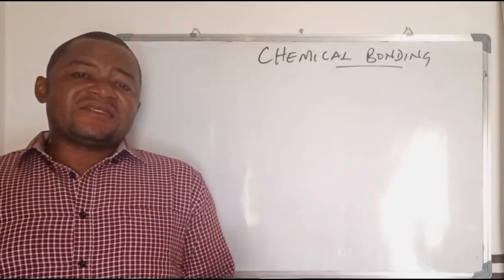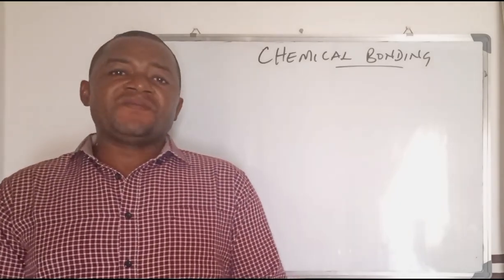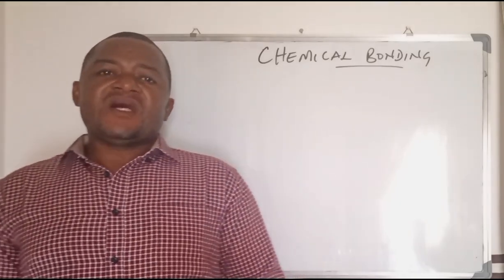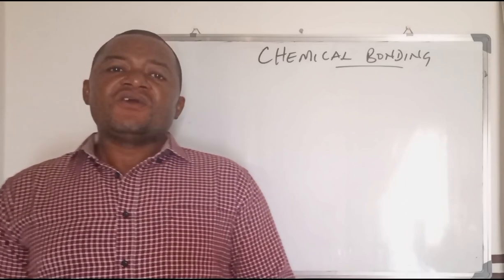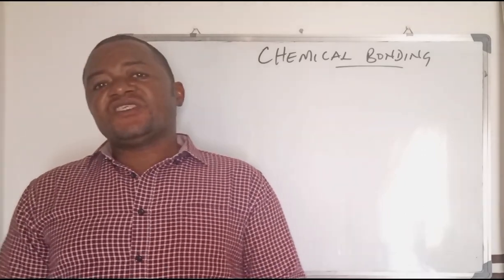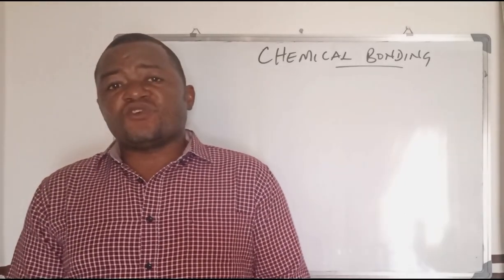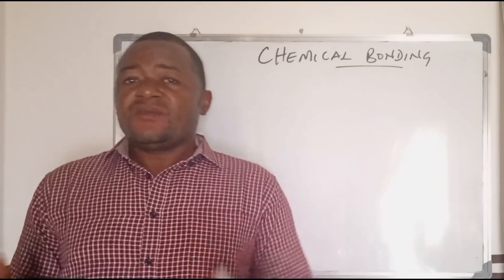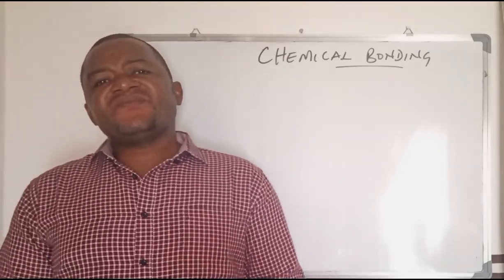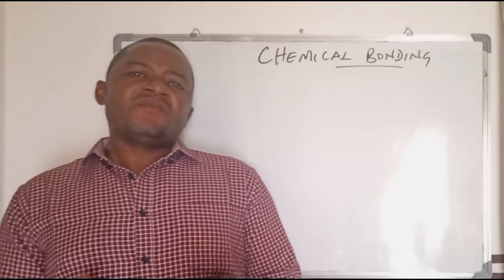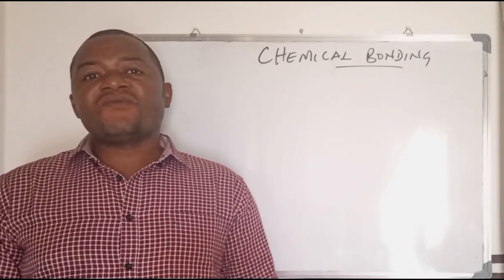Chemical bonding has to do with the formation of molecules by the combination of atoms. So a hydrogen atom can combine with another hydrogen atom and gives you what? A hydrogen molecule.